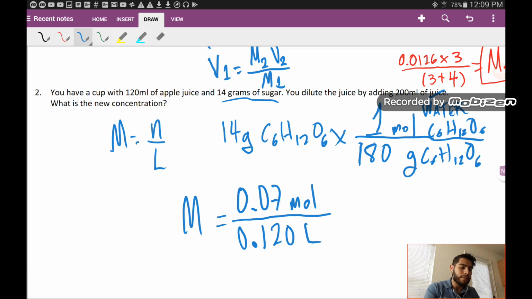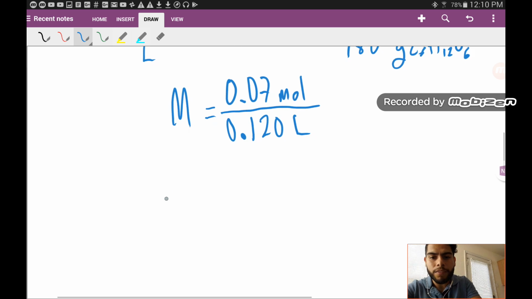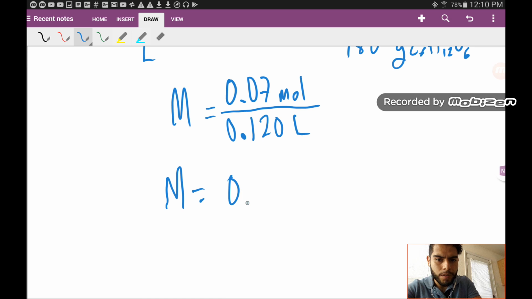After that, we can calculate our molarity. It's going to be 0.07 divided by 0.120 liters, and that's going to give us a molarity of 0.58 moles per liter.